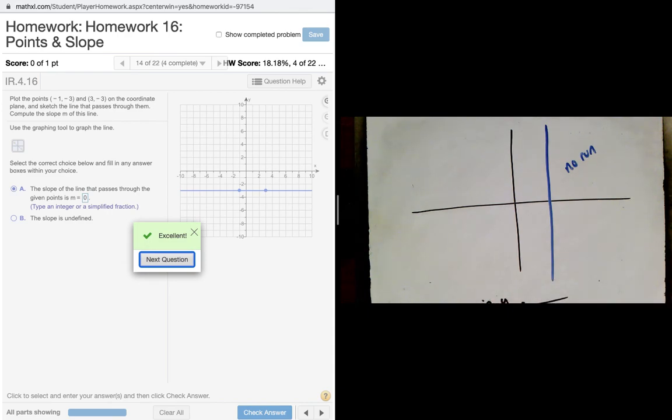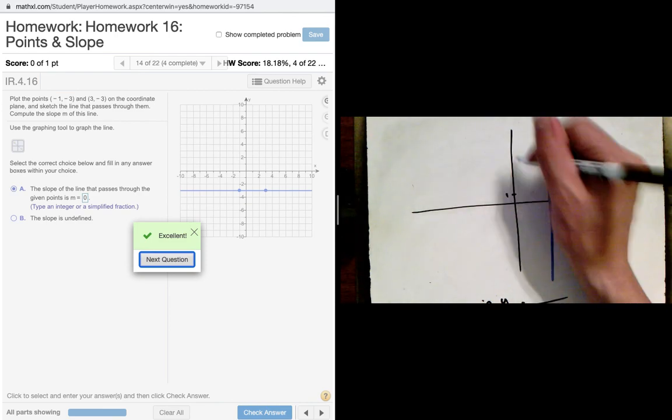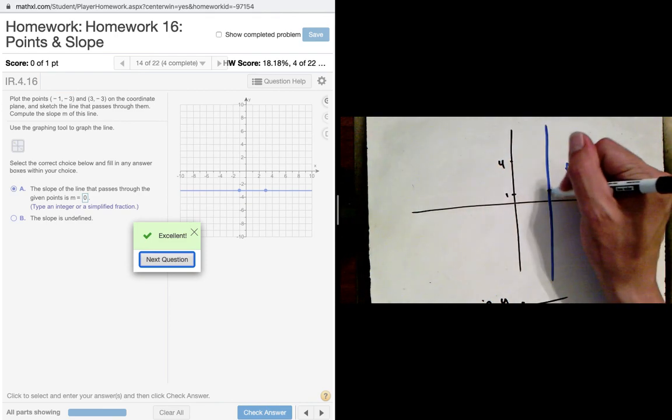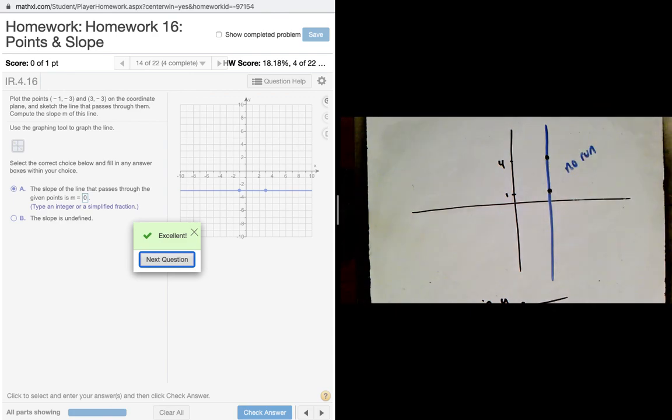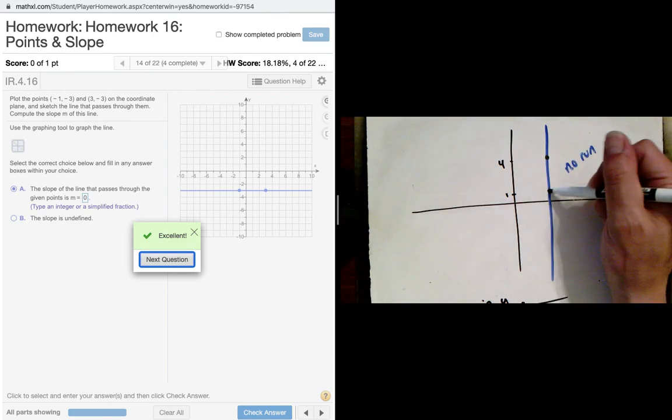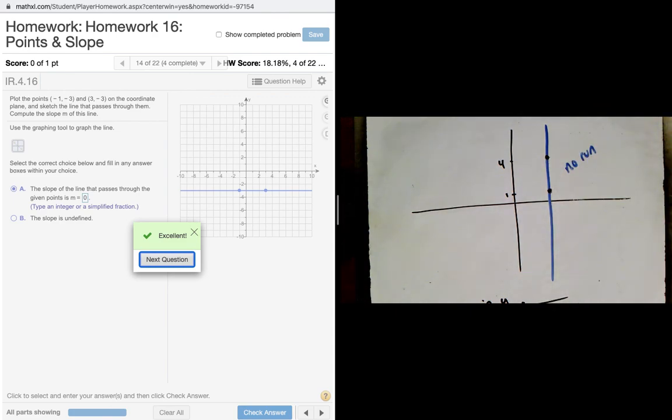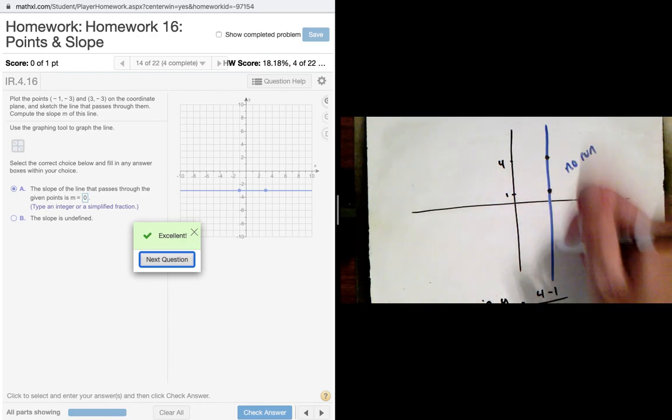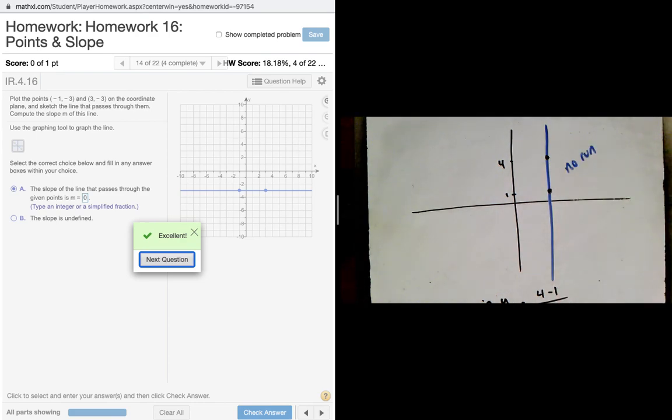I'll just choose 2 points on this graph. Maybe one right here and one right here. And we can see that if I go from this point to this point, I have a change in y. I'm going to say it's 4 minus 1. But the change in x, it's not changing in x at all. It's 0 on the bottom.